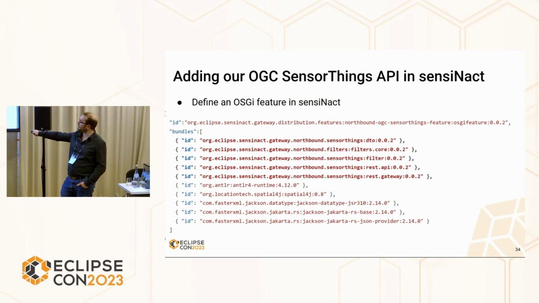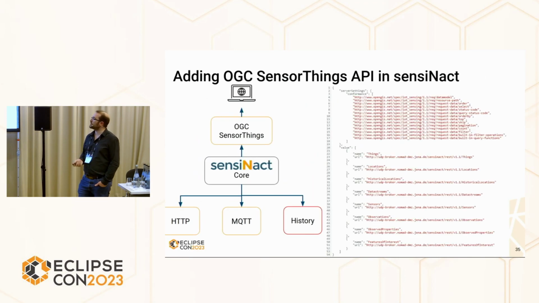We have our 4 bundles, the DTO, the REST API, REST gateway and filter, plus the filter engine of SensiNact, some dependencies, one for the parser, the geospatial filter functions, and a conversion from Java objects to JSON. You put that in SensiNact, and it will start what you want. So the feature file corresponds to how to start that.